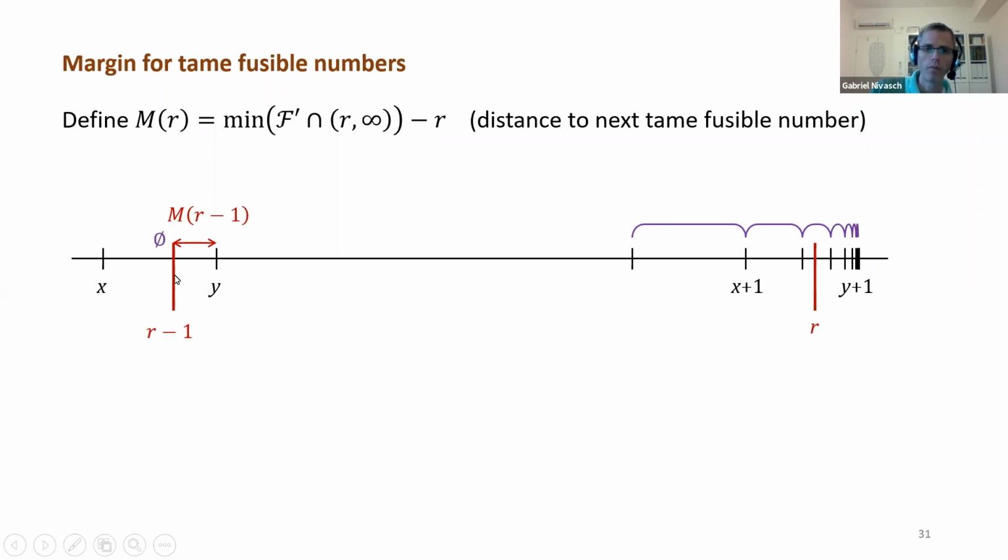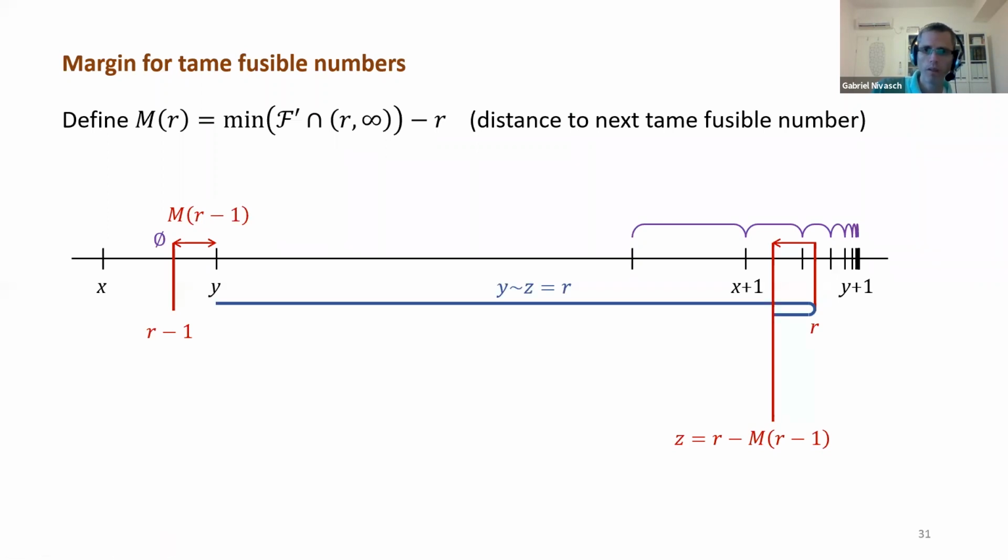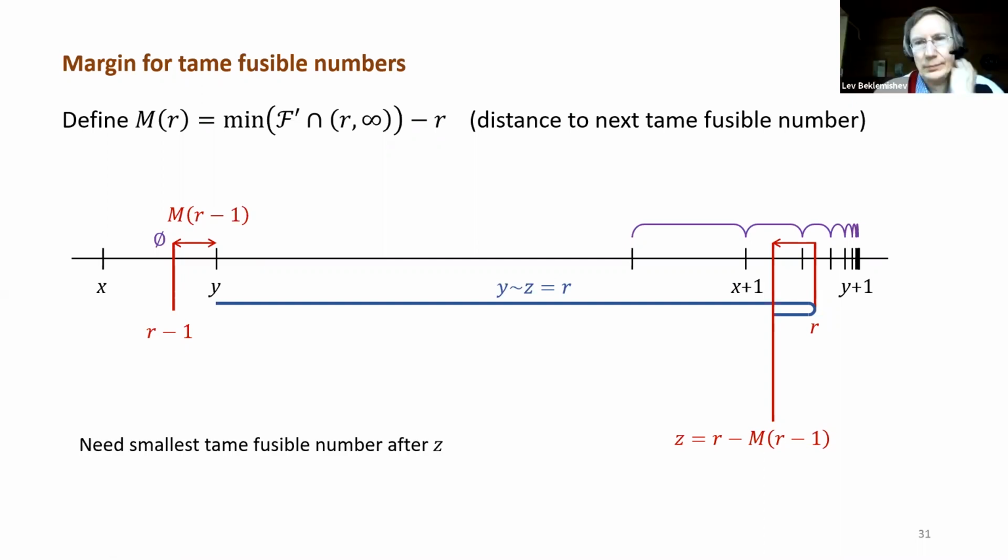And the distance between this and this is by recursion M of R minus 1. And then if we go this distance left from R, we get this fusible number Z, which equals R minus M of R minus 1. And if we do Y fuse Z, we get exactly R. But we don't want to get exactly R, we want to get something larger than R. So what we want to do is get the smallest tame fusible number after Z.